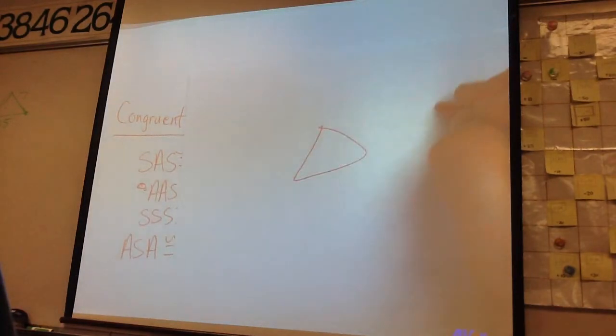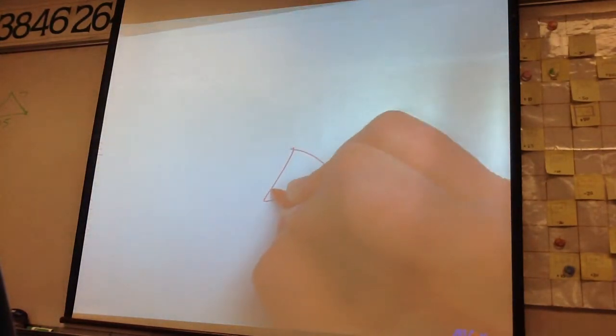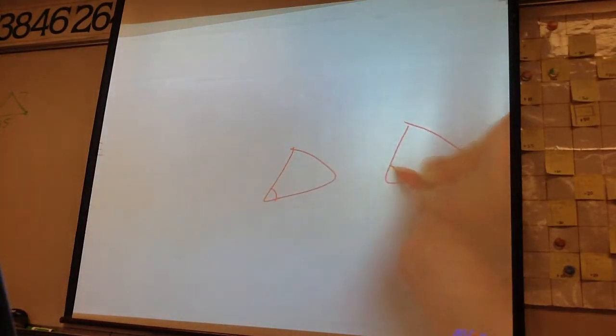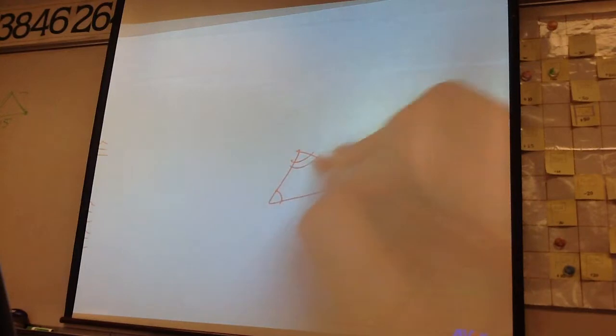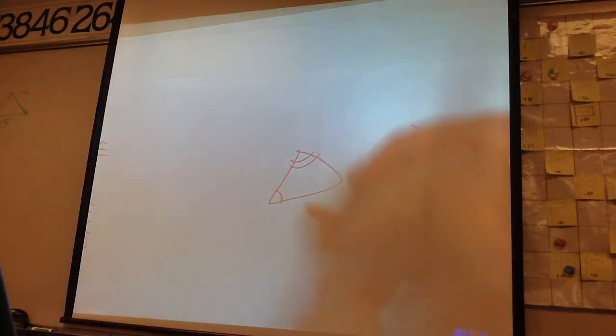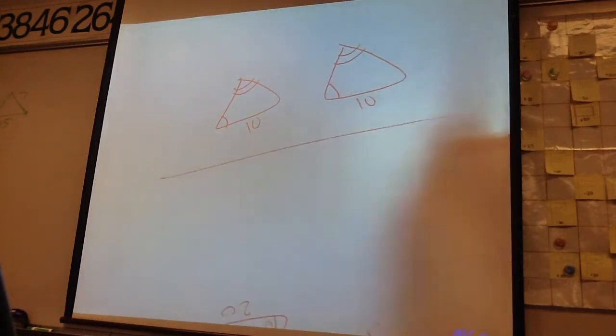So if I know this angle is the same as that one, and that one is the same as that one, and I know that's 10. That's different than this.